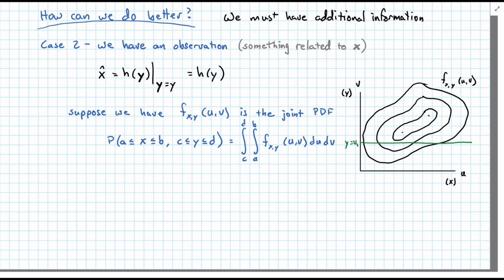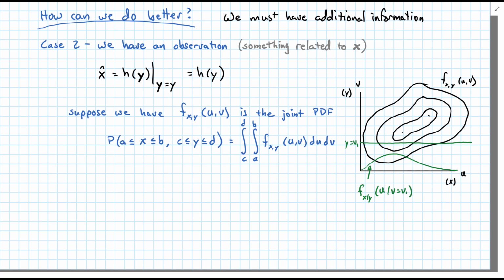And what we would get then would be a distribution of x that would look like this. So this would be f of x given y equals v1.